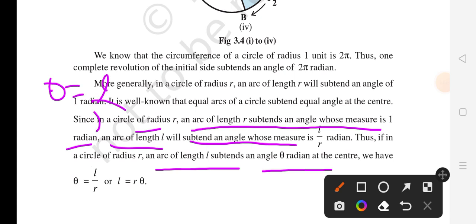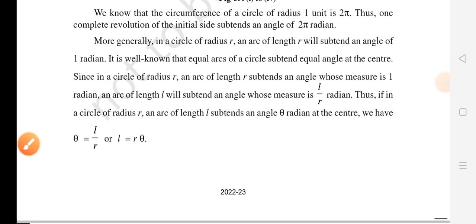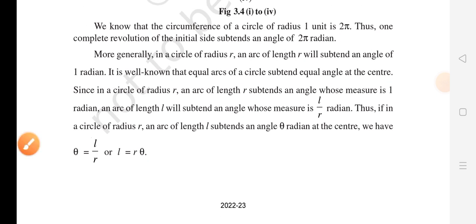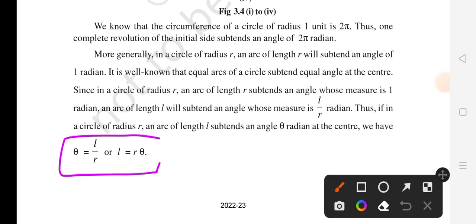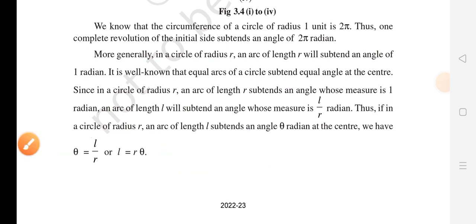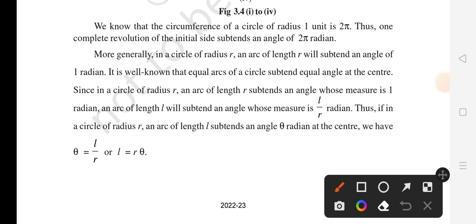A very important equation, usually used in physics as well. Theta equals L by r, or L equals r theta. L is the arc length, theta is the angle subtended and r is the radius of the circle.